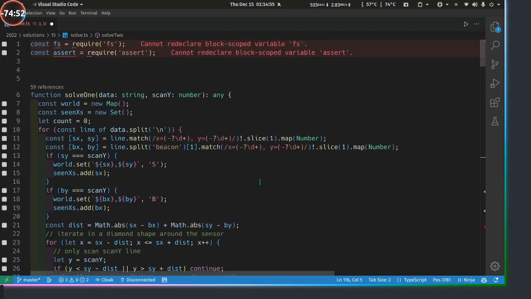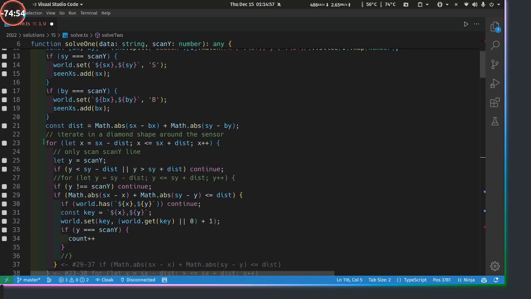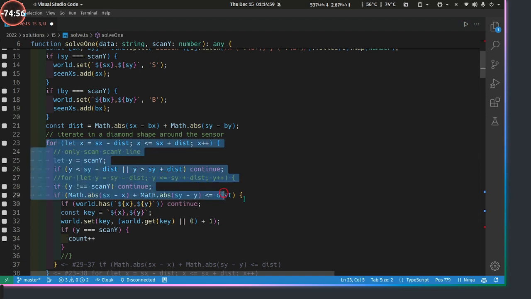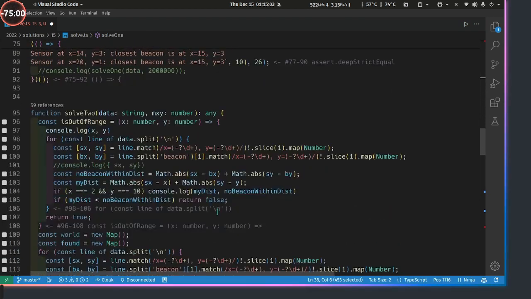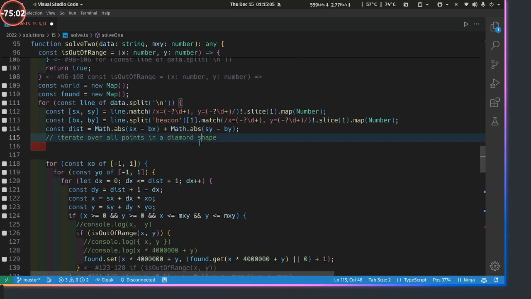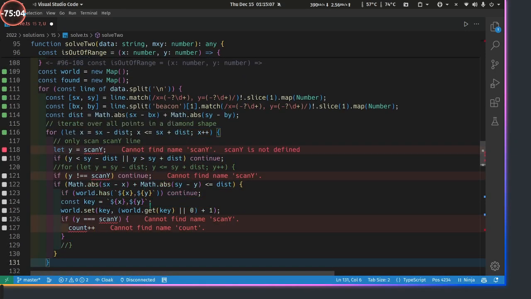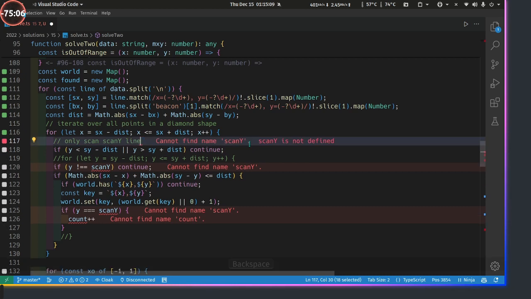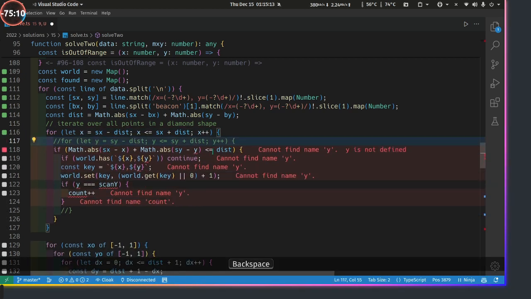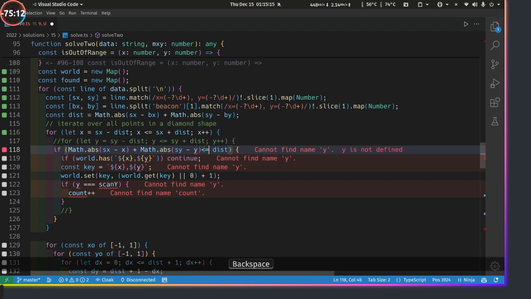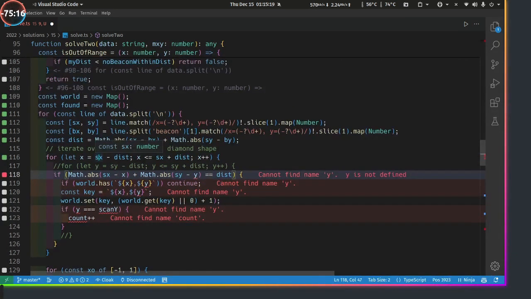Find part one. Yeah, here we go. I mean, this. That's close. Here's the thing. I want triple equals. Yeah, so x equals sx minus distance, then plus, then that.